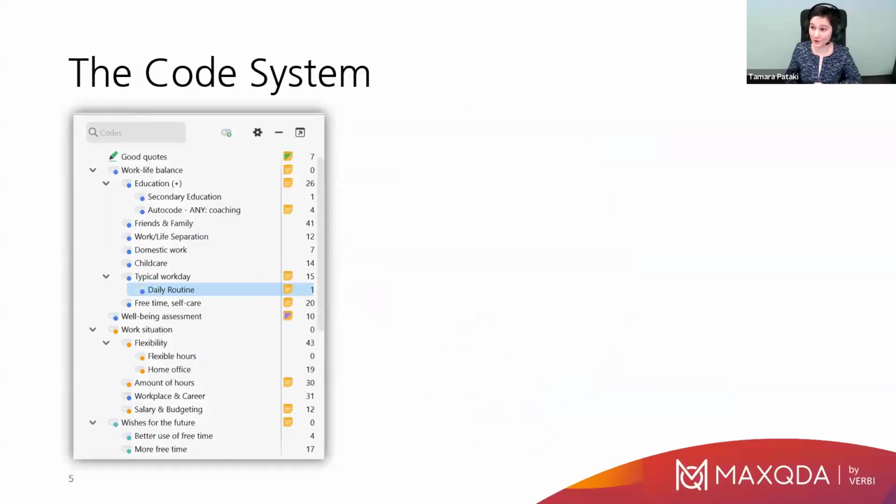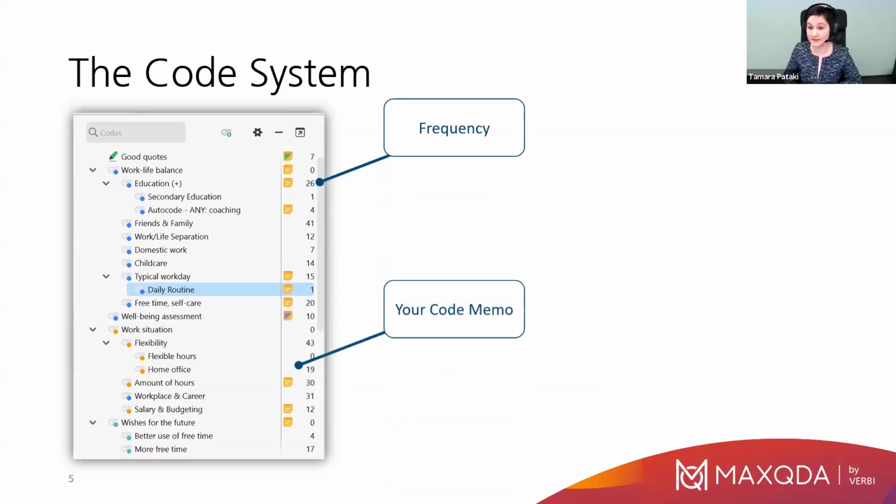Once you have created your codes, they would all show up in your code system. That was the third window that I just showed you, and this is where you can build a category system to organize your qualitative data. This window also allows you to see frequencies, so how often you have applied a particular code in your project.